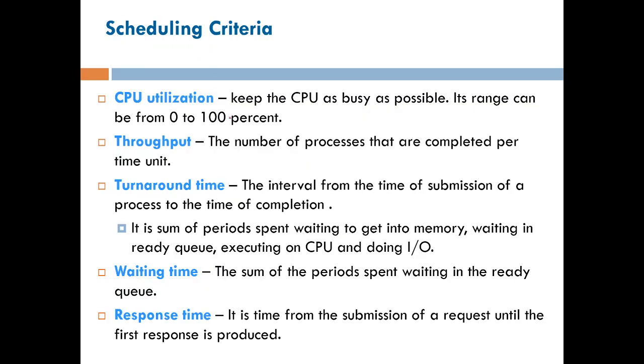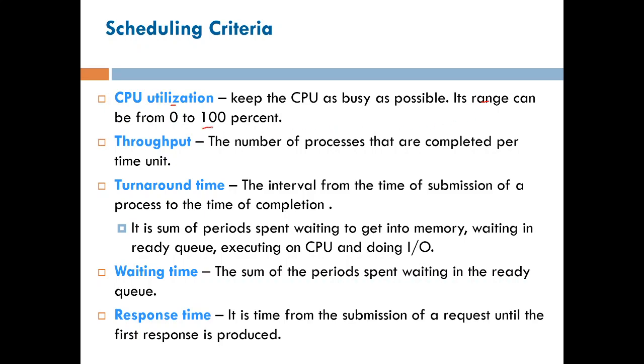Now, let us consider certain criteria related to scheduling. Some of the terminology required related to scheduling criteria. The first is CPU utilization, which is to keep the CPU as busy as possible. The utilization can range from 0 to 100%.